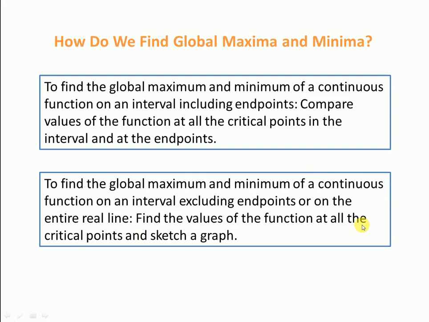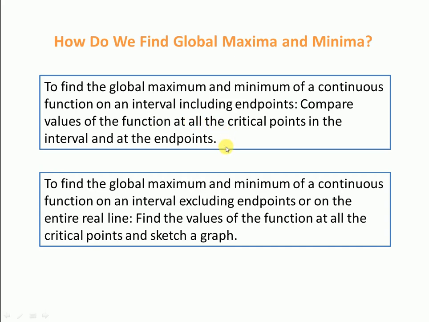Now, how do we find the global max and min? In order to find the global max and min of a continuous function on an interval including the endpoints, make sure that if you find a max and a min, you pay attention to the endpoints, because this is really important. First, compare the values of the function at all the critical points in the interval and at the endpoints.